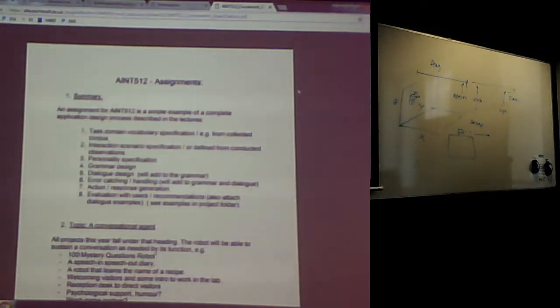Probably only swear words. Interaction scenario specification: how does the story start, how does it end, how does a person come to be in front of your system, how does the dialogue start, that sort of thing. You could also define this by observation. How do people approach a help desk? What happens first, and so on.